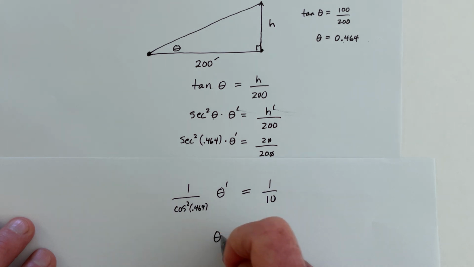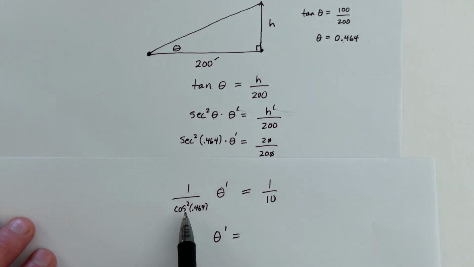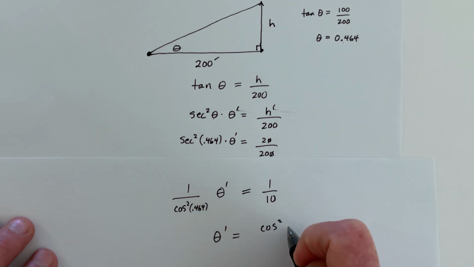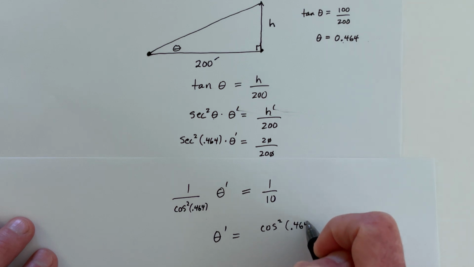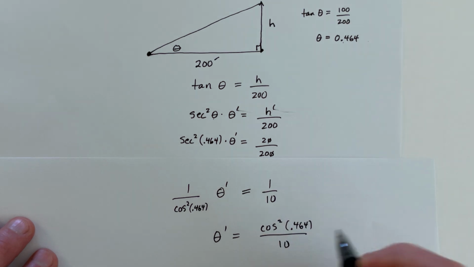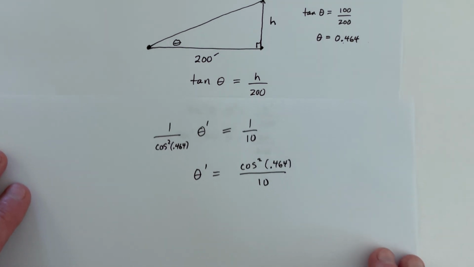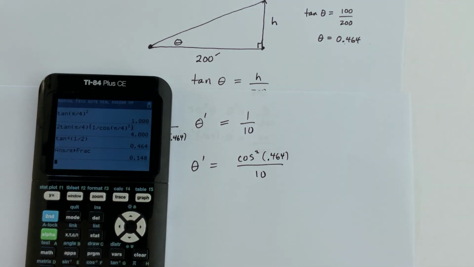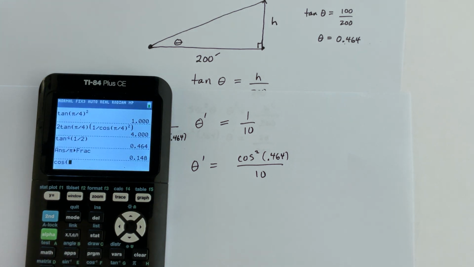So then to solve for the theta prime, just multiply both sides by this cosine squared. It will move it over here to the top and say cosine squared of the 0.464 divided by 10. So cosine of the 0.464 gets squared and divided by 10.